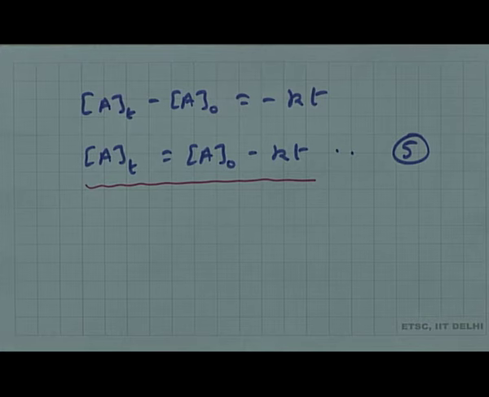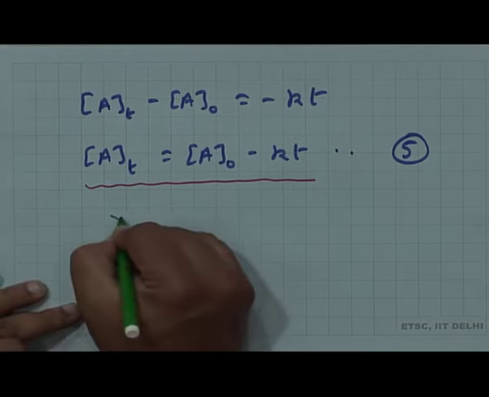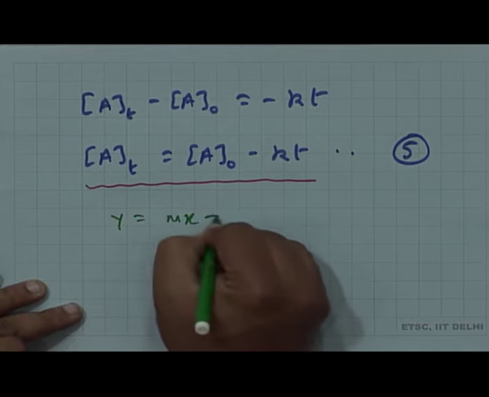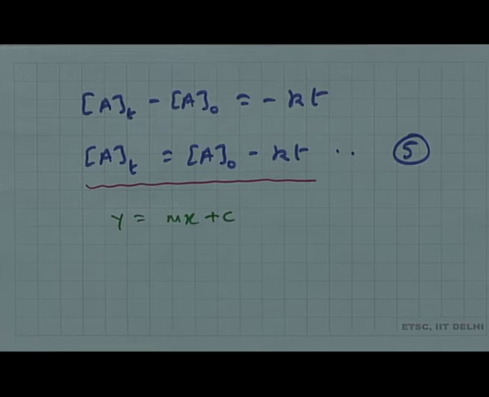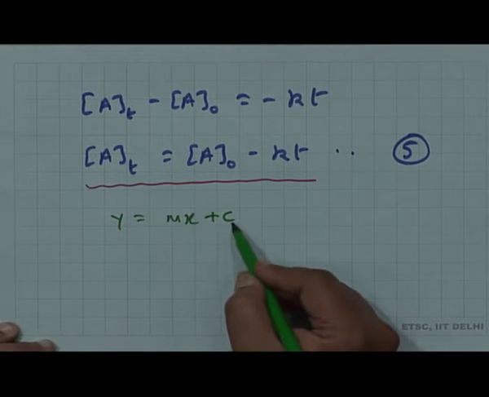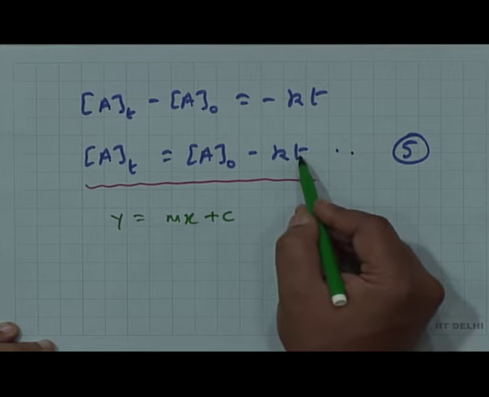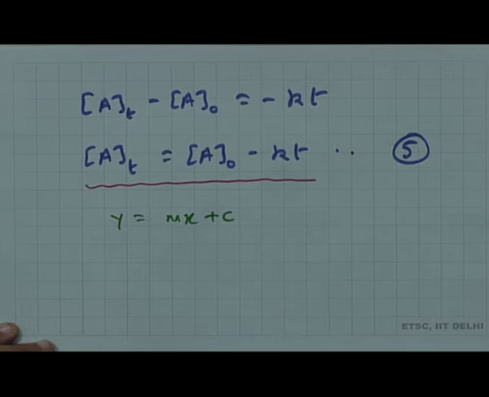The moment I end up with an equation like this, you soon realize, oh, this is a straight line equation, right. Does not it look like y is equal to mx plus c, right, where y is A t, c intercept is A naught, x obviously is t, and m is equal to minus k.